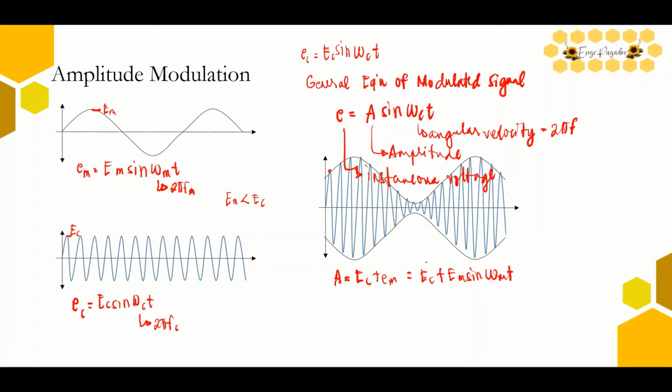So since this is the amplitude and this is the general equation, we now have the equation for the modulated signal, which is equal to E_C plus E_M sine omega_m t, which serves as the amplitude, and then we multiply it with sine omega_c t. So this is now the equation of our modulated signal.